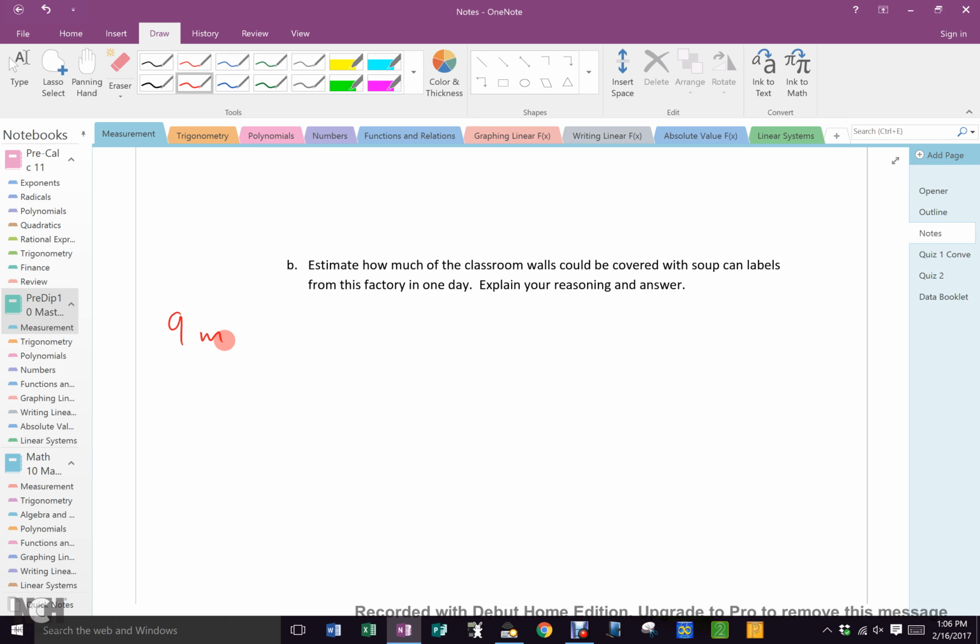My magic pen! It's so magic, I just made it appear. 7.5 meters. So, now the question becomes, do either of those measurements give me the area of a wall? No, what does that give me?